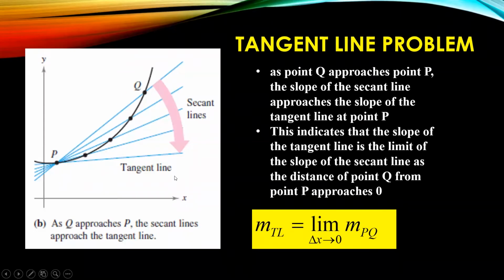Just for this example, you notice that from a secant line, it becomes a tangent line. So from 2 points, it becomes 1 point. That is the point of tangency.